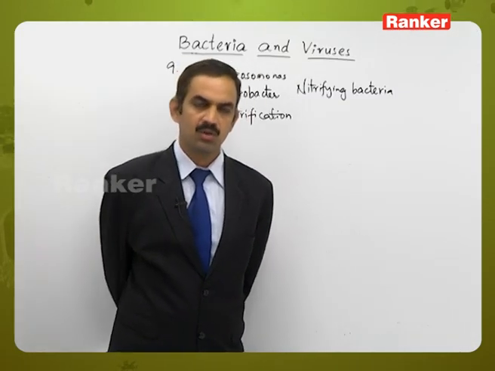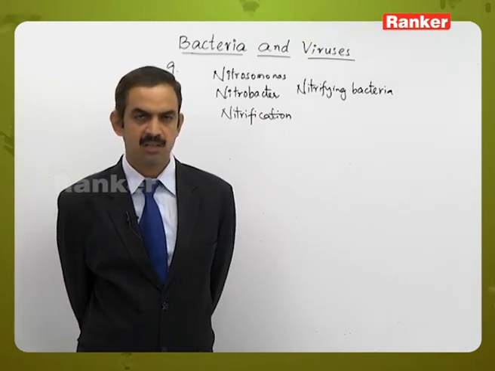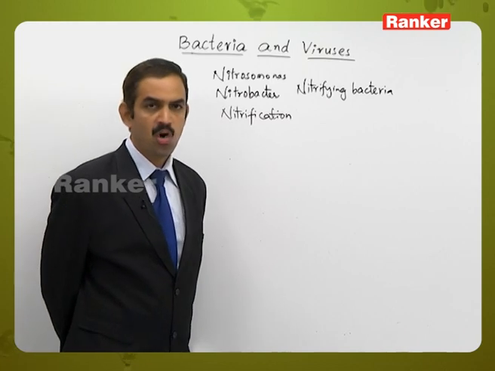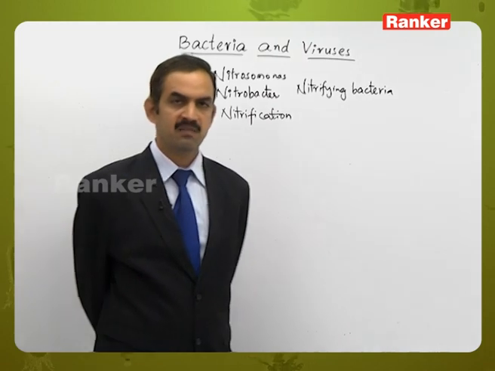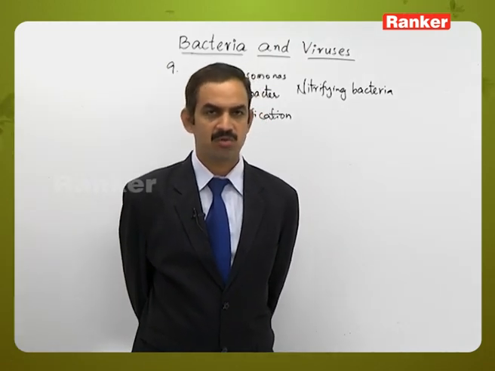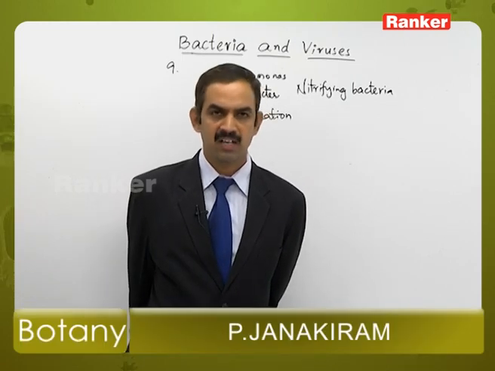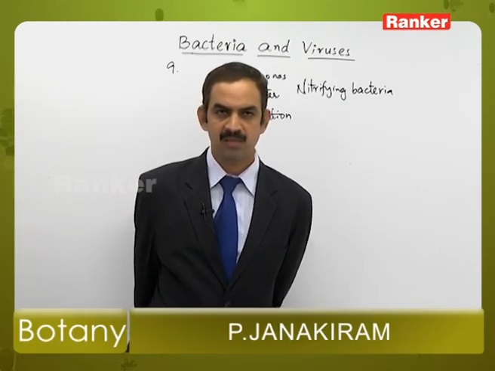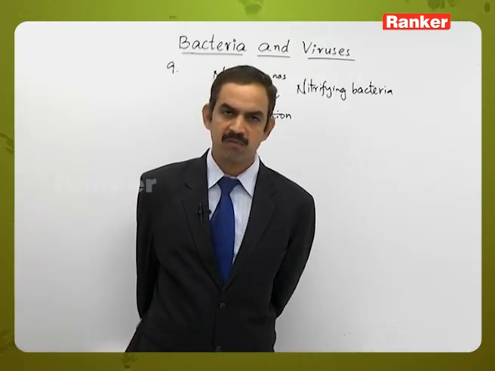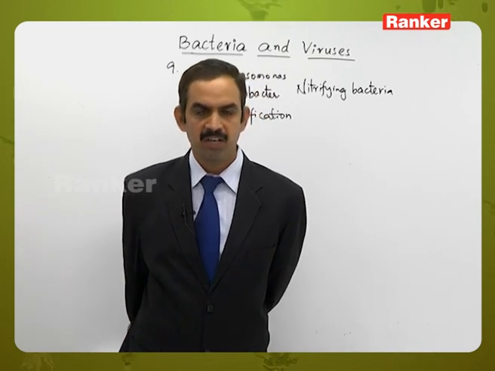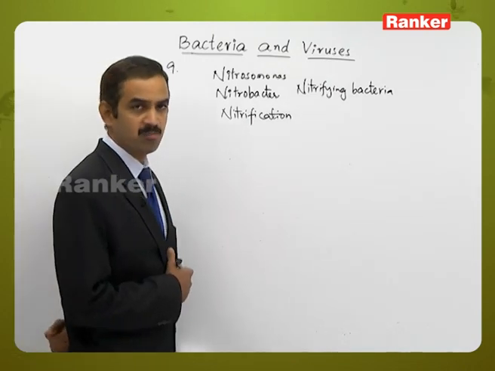In the first step, the molecular nitrogen is fixed and converted into the organic nitrogen form that is utilized by the plants. And when the plant dies or an animal dies, the organic nitrogen present in the living organism will be converted into ammonia by a process called ammonification.